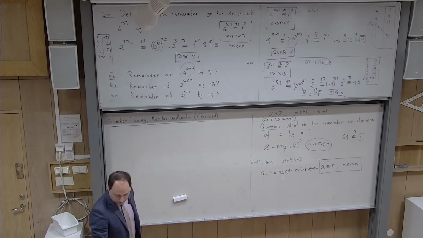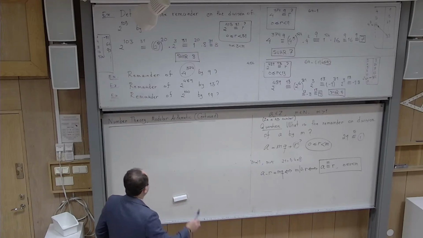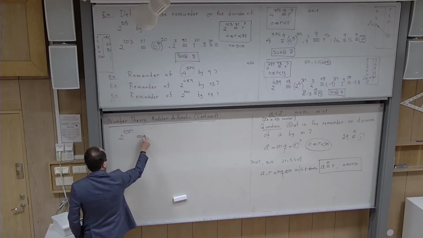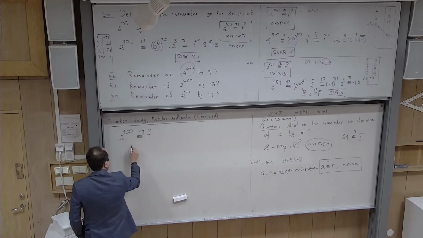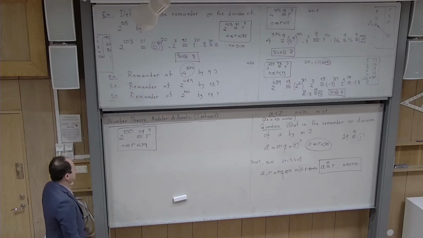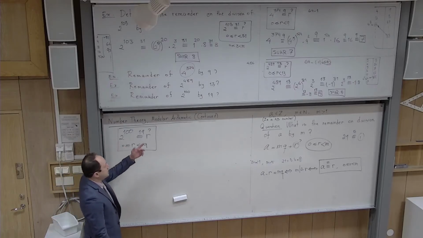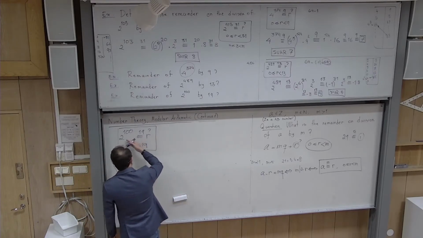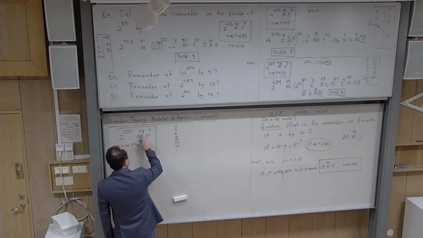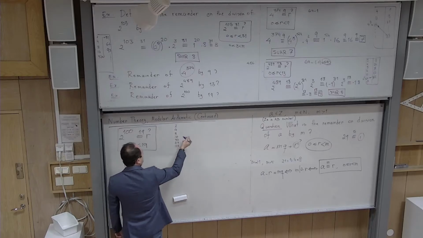Okay, so hopefully you understand that this is the question you have to answer. But if you go to a scratch paper and write powers of 2, so this is 2, and then you have 4, 8, 16, 32, 64, 128, etc. And then if you start writing the multiples of 19, they are not friendly numbers.